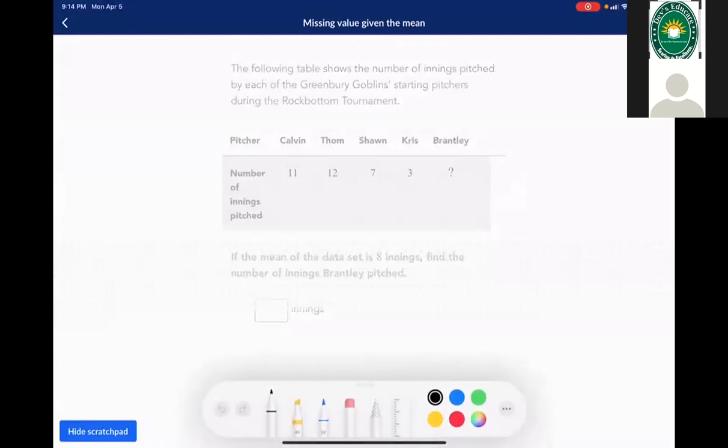The following table shows the number of innings pitched by each Greenberry Goblins starting pitcher during the Rock Bottom tournament. If the mean of the data set is 8 innings, find the number of innings Bradley pitched. So it'd be 11 plus 12 plus 7 plus 3 plus x, divided by 5 numbers, equals 8.